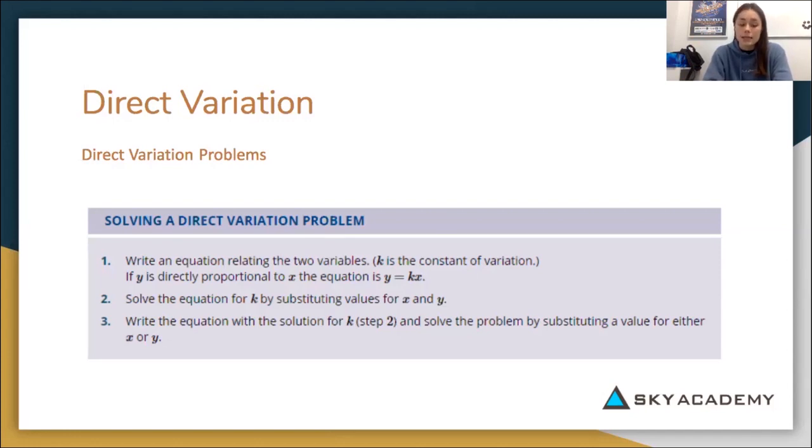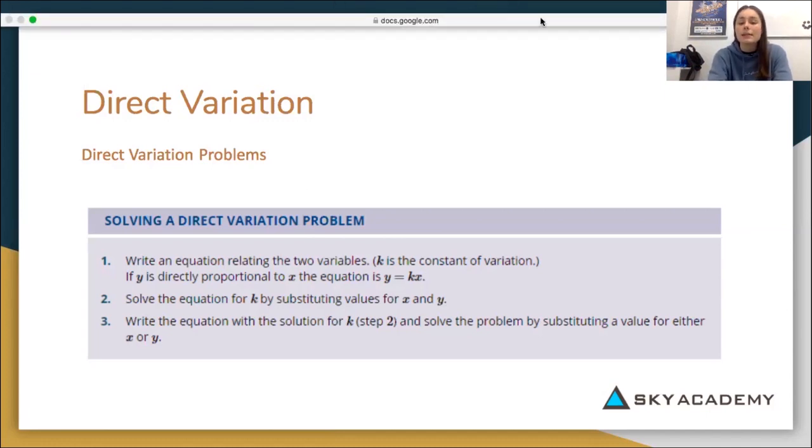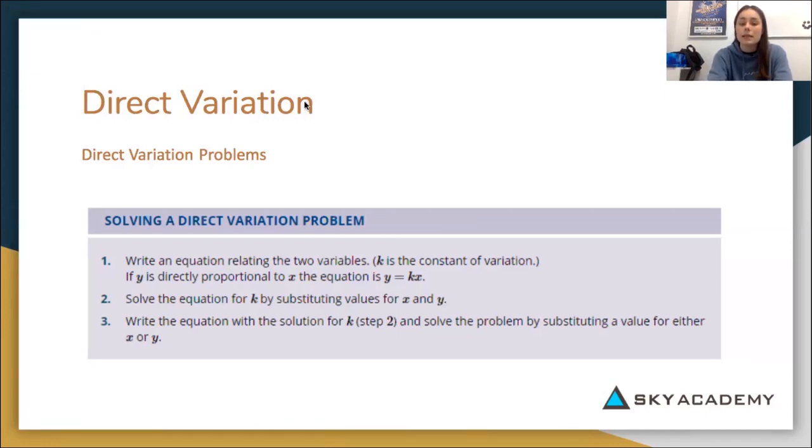So direct variation problems involve a constant of variation, or something that connects the two variables together. We call this connection a constant, and it is represented by the letter K. It is the rate at which the quantities vary.